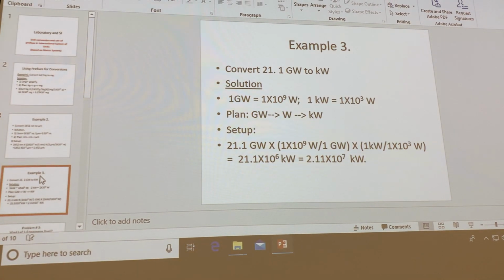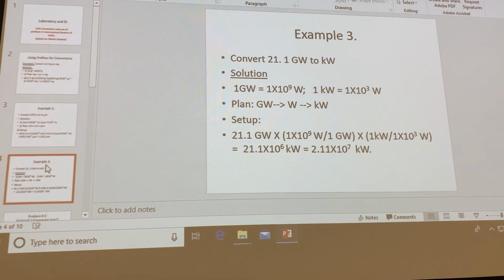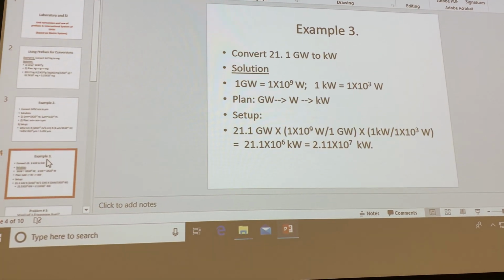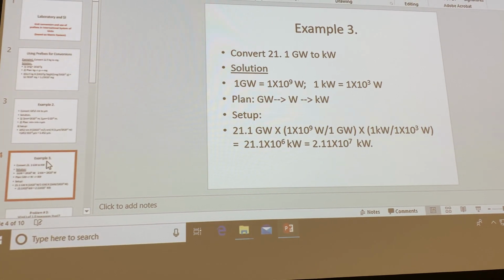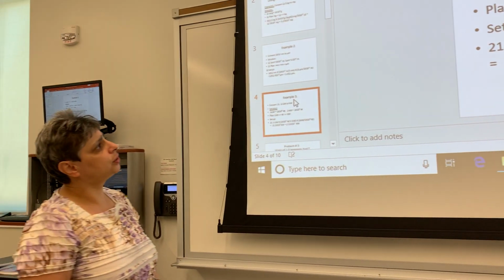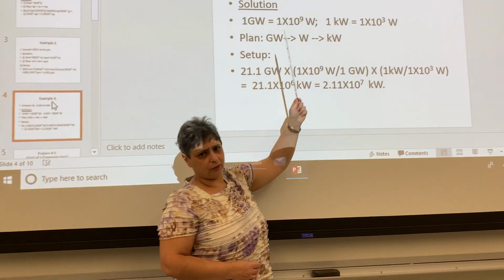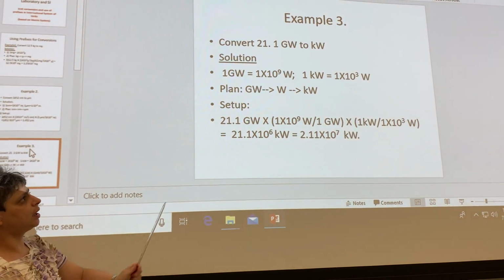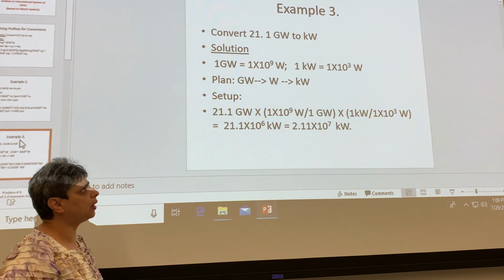One last example having to do with prefixes, and here I sort of wanted to pick not just some abstract number but something fun that may be familiar to you. So here we're looking at 21.1 gigawatts of power. This capital W stands for watt, which is the main unit of power.